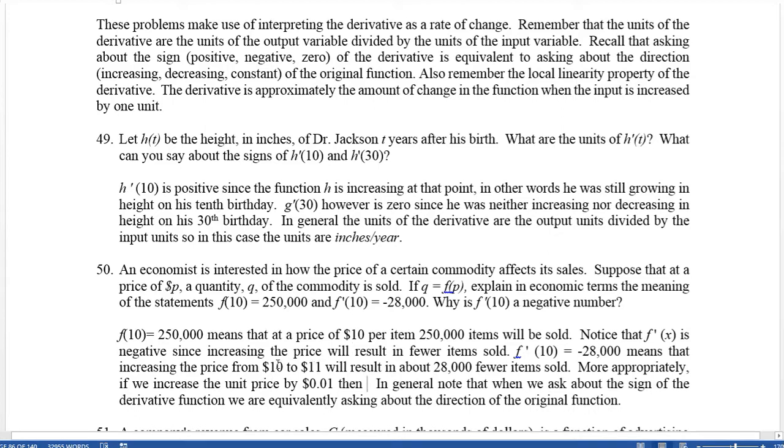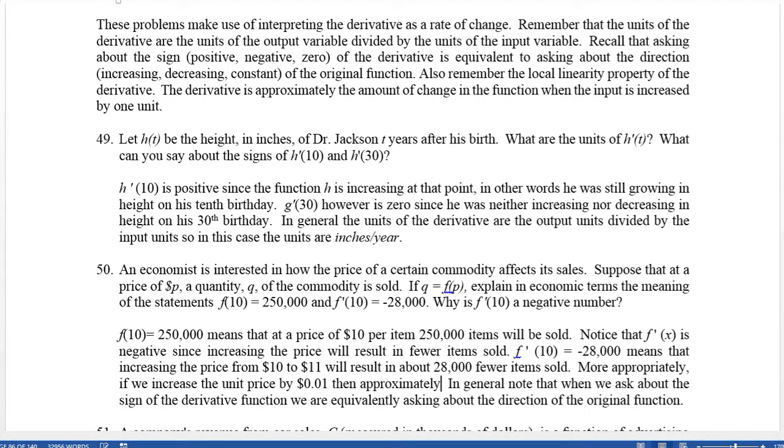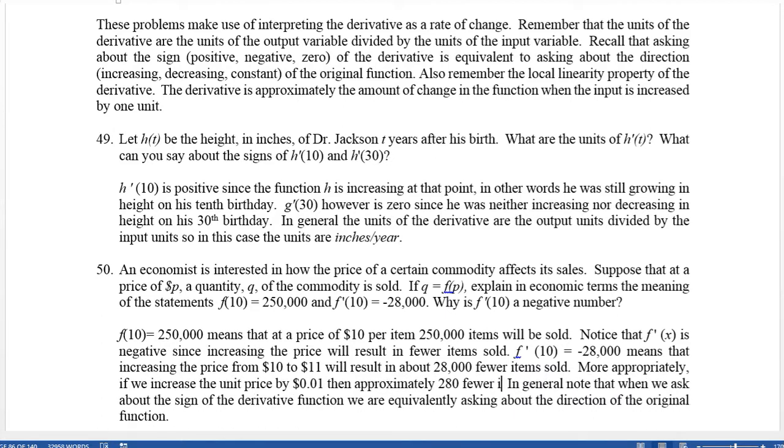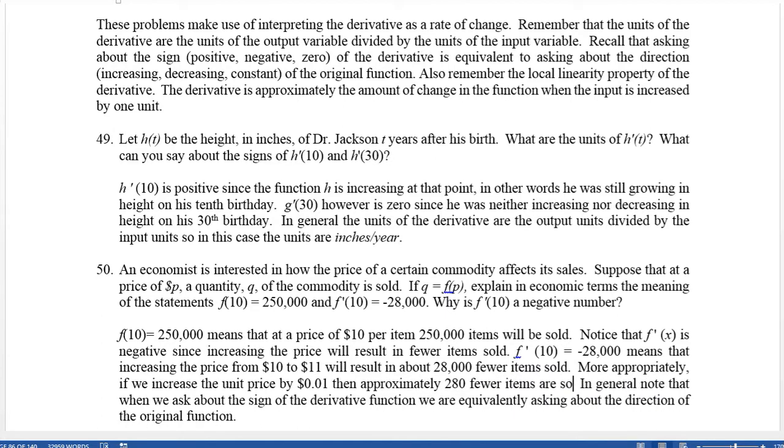Well, here's the idea: if we go up by $1, we expect about 28,000 fewer. If we go up by 1/100th of a dollar, we go down by 1/100th of this, which is 280. So approximately 280 fewer items are sold.